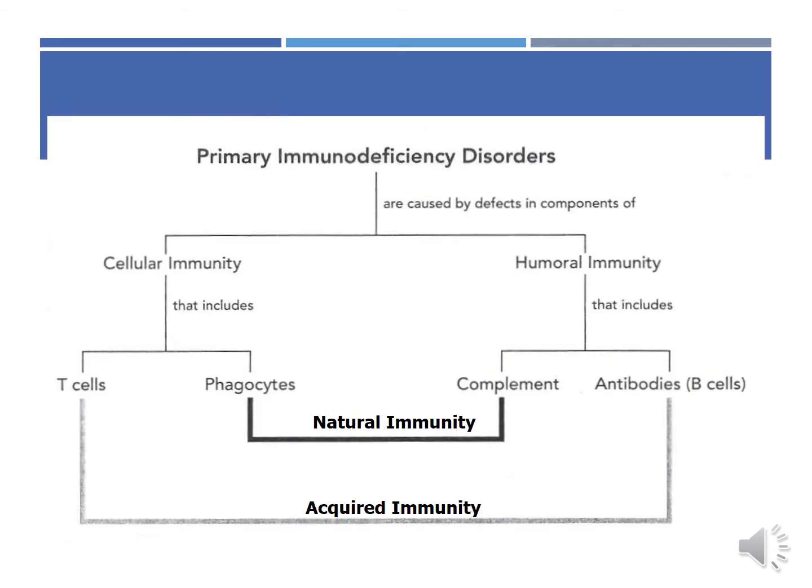So when we talk about our immunodeficiency disorders, these disorders are caused by defects in certain components of our immune system, whether it be cellular immunity or our humoral immunity. So this all goes back again to our first lecture, when we were talking about our natural and acquired immunity.